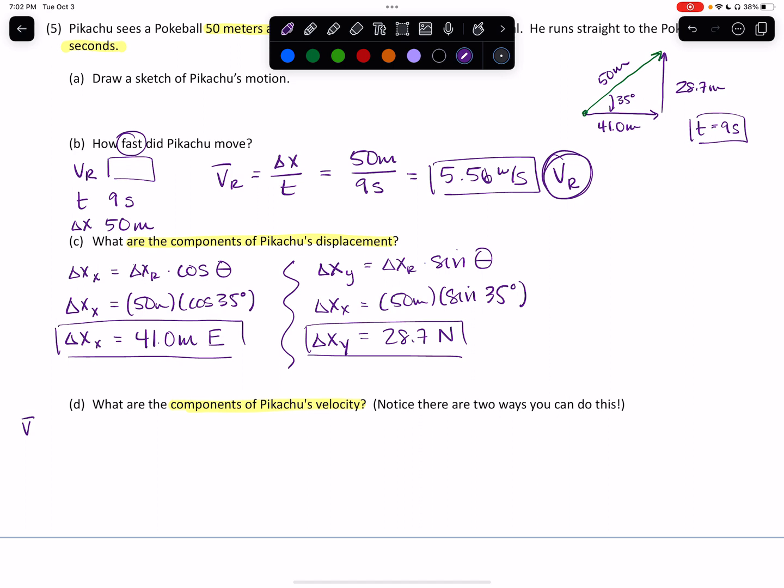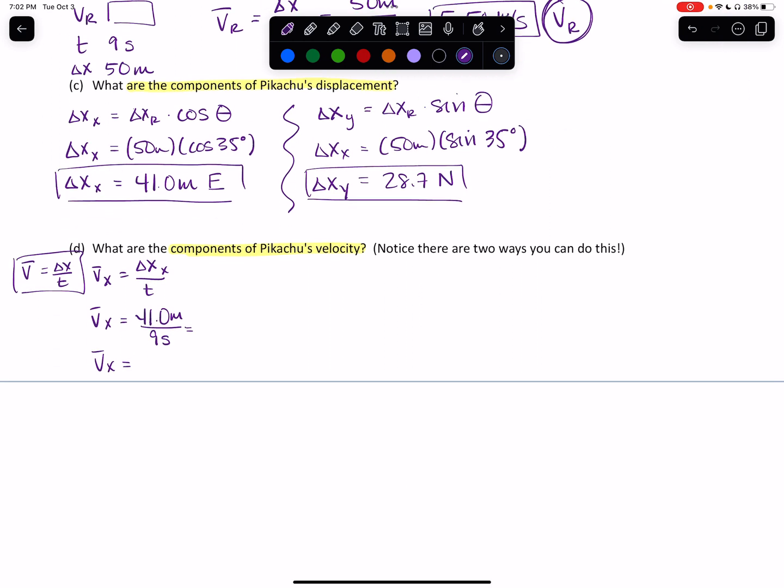In other words, we're going to use our average velocity formula to solve for the component velocities. Our average velocity in the x direction is going to be equal to the change in position in that x direction divided by time. So v sub x is going to be equal to 41 meters divided by 9 seconds. If we plug that in, we find that that average velocity horizontally is 4.55 meters per second.